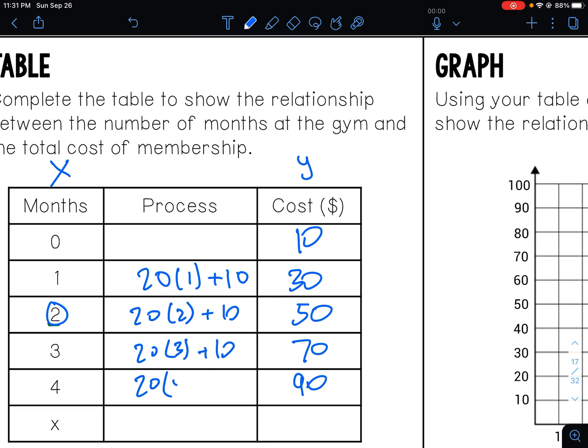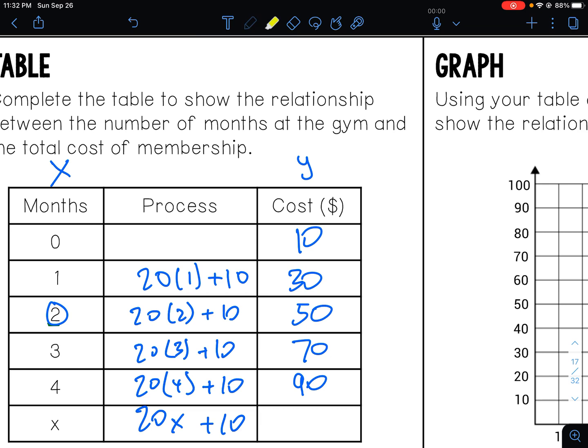And 20 times 4, which gives us 80, plus 10, which is 90. So if our number of months was x, so you see how our number of months was 1, then 2, then 3, then 4. If it's x, then 20 times x plus 10. And notice I don't have to do parentheses if I'm multiplying a variable with a number.